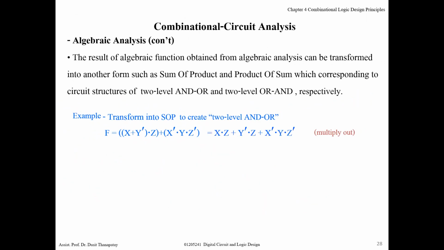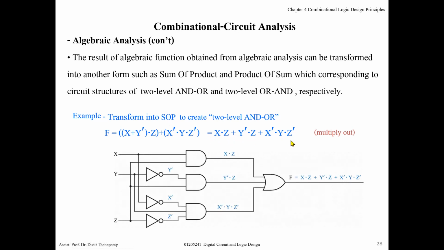By using this method, which is sometimes called multiplying out, you will get the result of this process as sum of product.